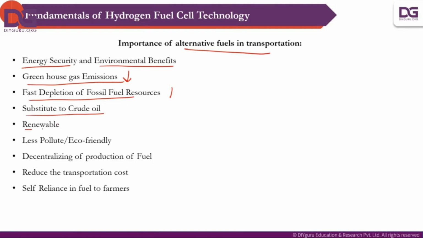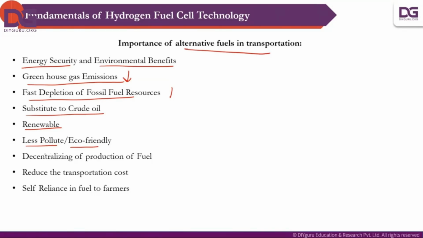This is a renewable technology, it pollutes less, or it is eco-friendly. We write less pollute because if we use some kind of non-renewable energy to generate hydrogen, it is still less polluting as compared to fossil fuels, the crude oil or the coal that we use in our energy. And it is eco-friendly also.